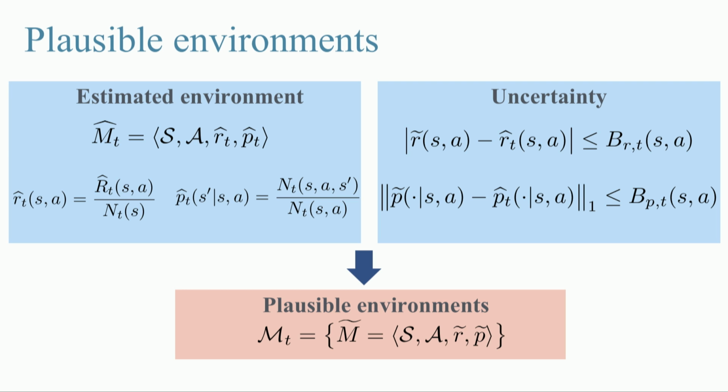It's exactly the same idea that John described, where we have different actions, and here we also have states, and we estimate both the reward and the transition probabilities, but we also construct some confidence intervals around them.